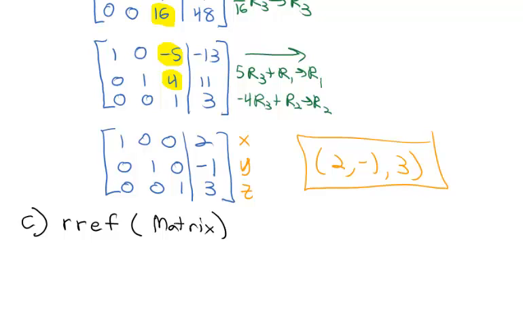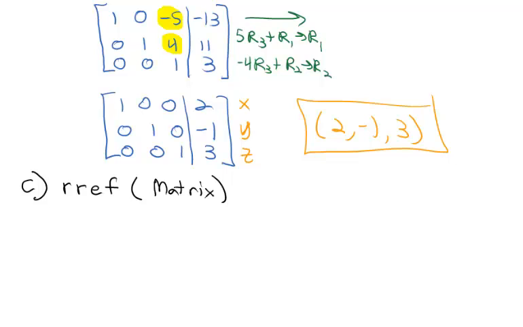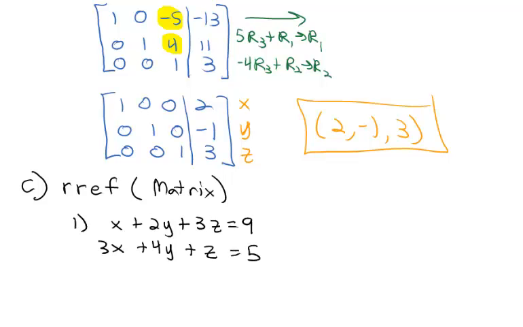I just want to show you how that would work with our system of equations that we've been playing with today. x plus 2y plus 3z equals 9, 3x plus 4y plus z equals 5, and 2x minus y plus 2z equals 11.